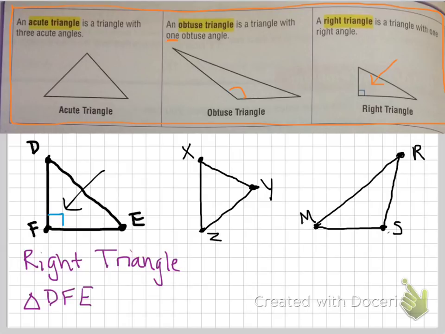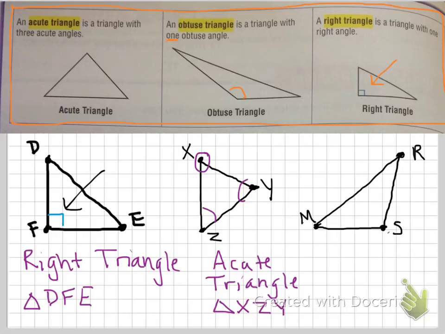Remember, there's 6 different combinations you could name it, but I chose DFE. Okay, the center one. Ooh, those are all acute angles in here. So, this will have to be an acute triangle because acute triangles have 3 acute angles. And I'm going to name this triangle XZY.